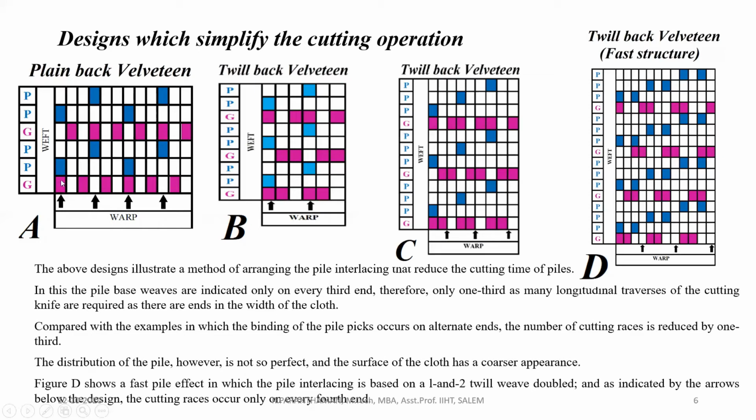Here we are marking the pile weave on every third end. First one, second one, third one. So it's the same plain weave, but the marking is only on every third end.